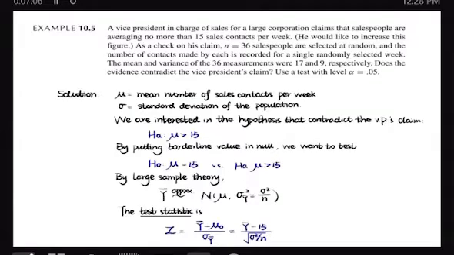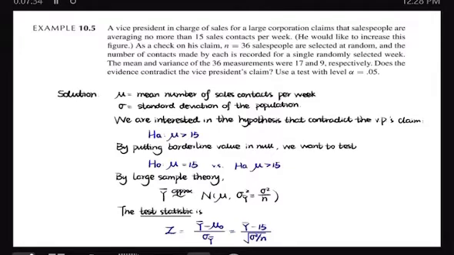As a check on his claim, n equal to 36 persons are selected at random, and the number of contacts made by each is recorded for a single randomly selected week. The mean and variance of the 36 measurements were 17 and 9, respectively. Does the evidence contradict the vice president's claim? Use a test with level alpha equals 0.05.